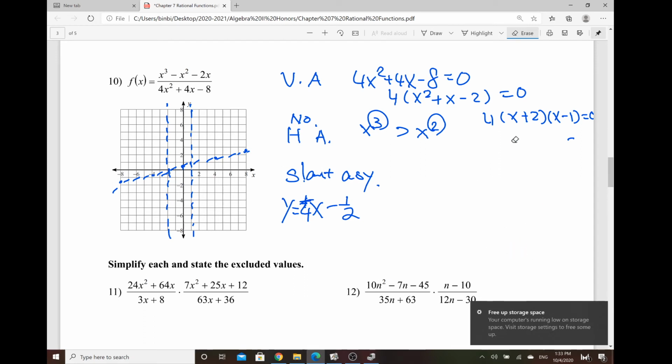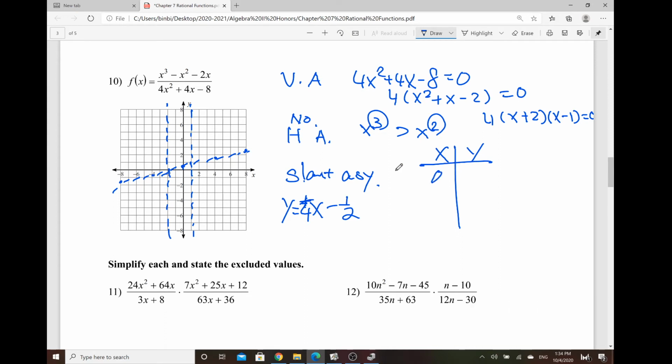Once we get the trends for those points, we just connect them. So xy table, start out with the y-intercept, so set x equals 0. So 0, 0, 0, divided by everything, negative 8, then that'd be 0. So that's also the y-intercept.